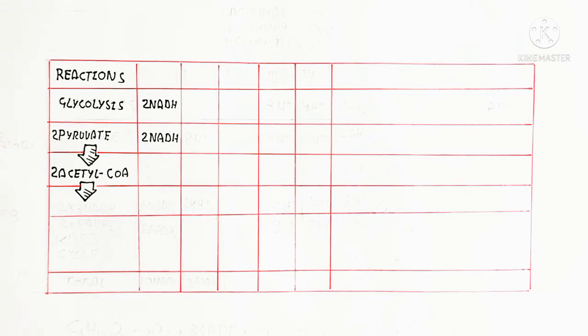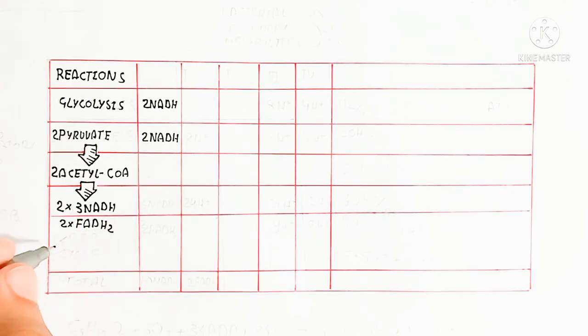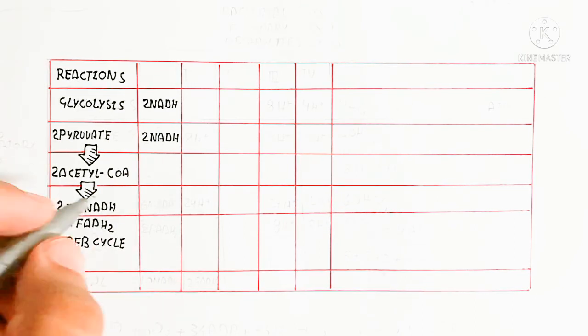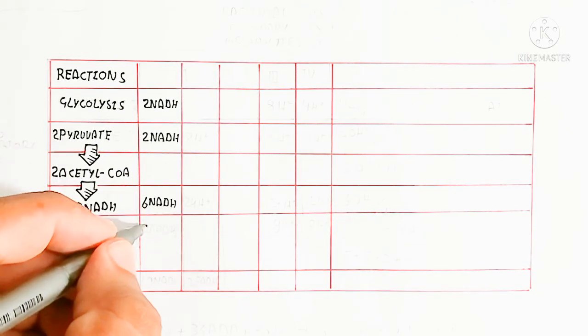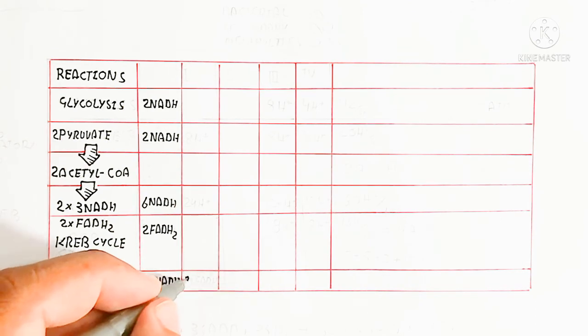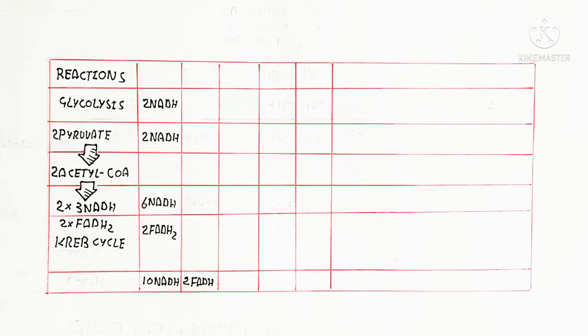The 2 acetyl CoA will lead to producing 6 NADH in total.